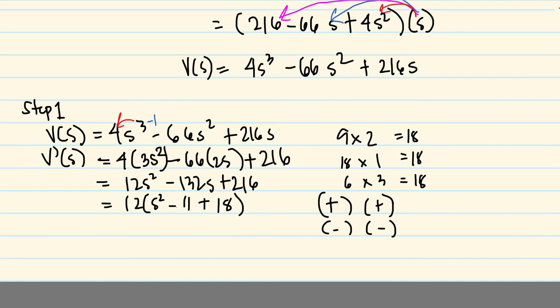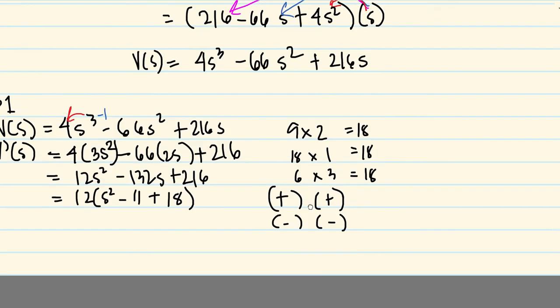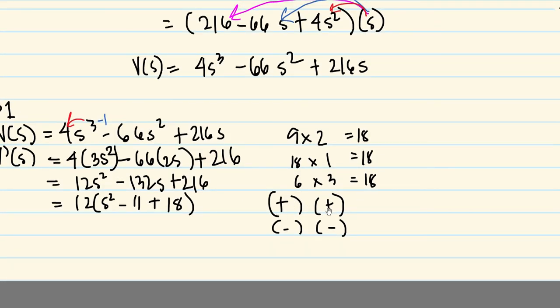Now we have to get this negative 11. How to get this negative 11? We need to add. Positive and positive cannot give negative 11. 9 plus 2 is positive 11, so this is impossible.